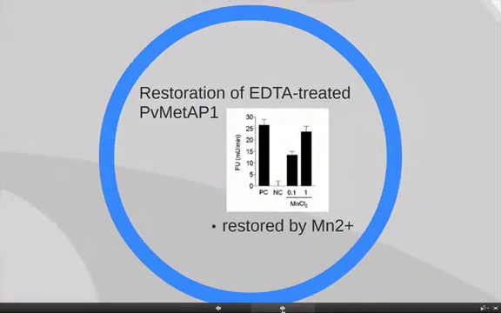Since the enzymatic activity of PvMET-AP1 is inhibited with EDTA, further tests showed how activity can be restored by reintroducing and incubating the MET-AP sample in 0.1 millimolar or 1 millimolar solution of manganese 2 chloride.